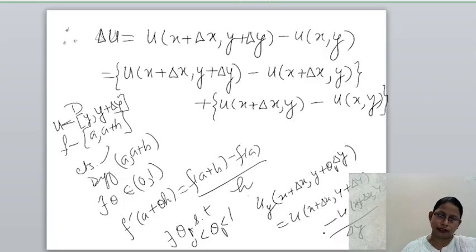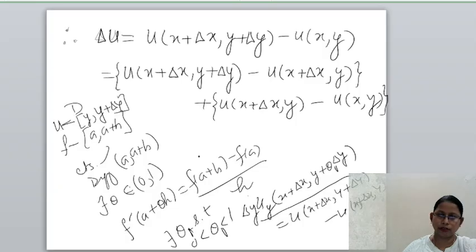In the next step we cross multiply, this del y goes to the left hand side, and we are left with this one. That is, the value of this will be del y uy(x plus del x, y plus theta 1 delta y).